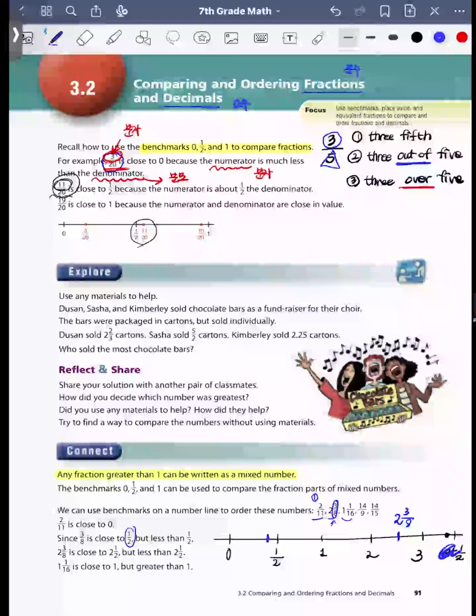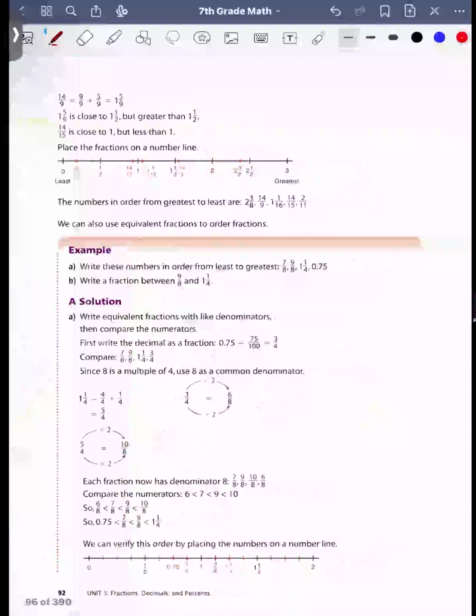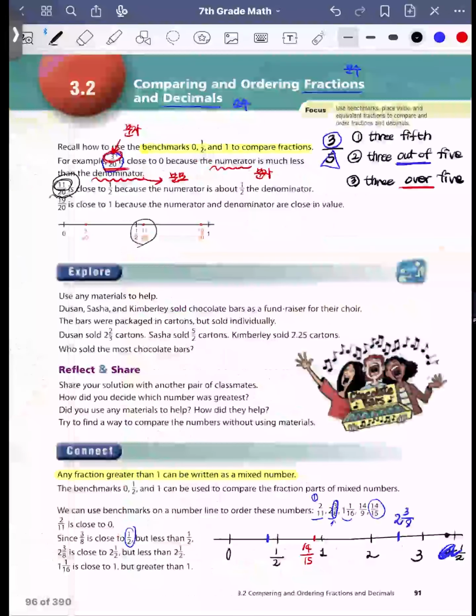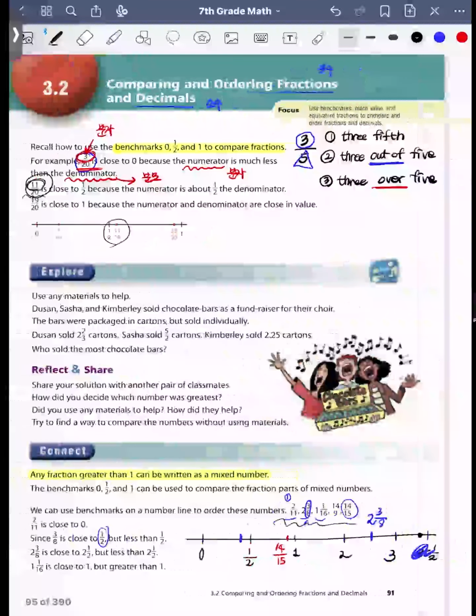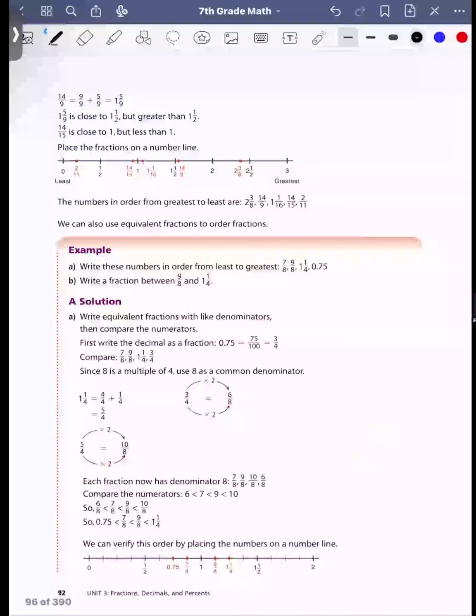And if we look at this number right here, 14/15, it's closer to 1. So it should be somewhere around here. Okay? So if we write down all the fractions over here on the number line, it's going to look like this. 이 숫자들을 다 수직선에 쓰면은 we have 2/11 right here, 14/15 right here, which is slightly less than 1.